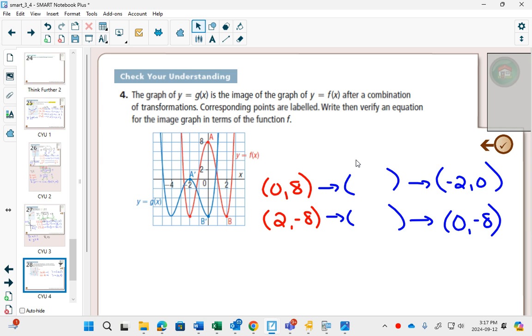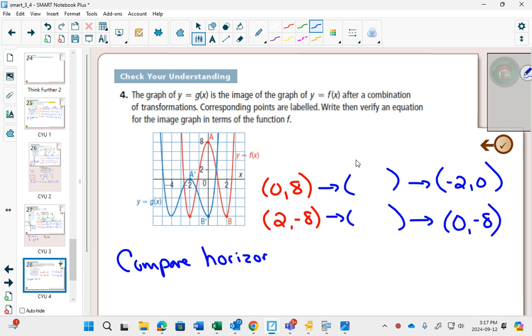So this is where that second strategy that we introduced is super helpful. What we're going to start is we are going to compare horizontal distances. On our red graph, if you went from A to B, how much would you go horizontally? You would go over 2 units.